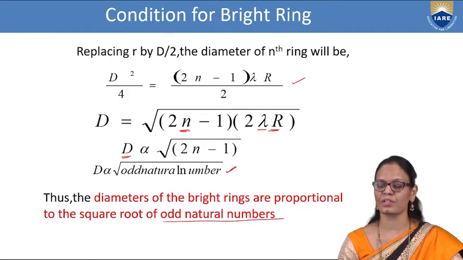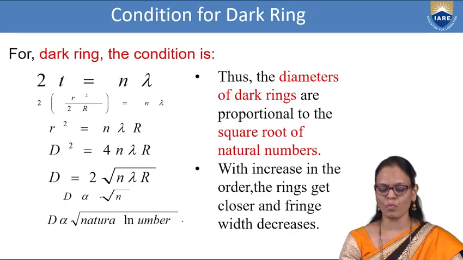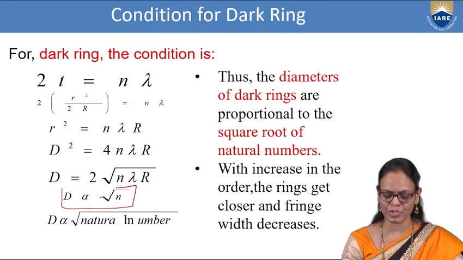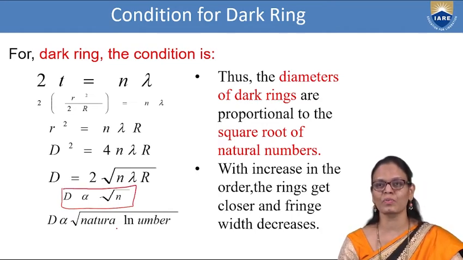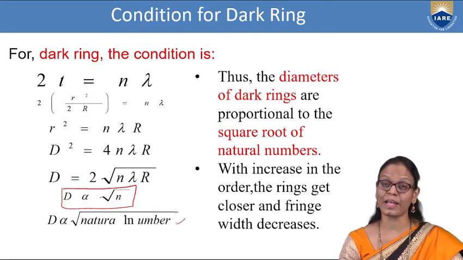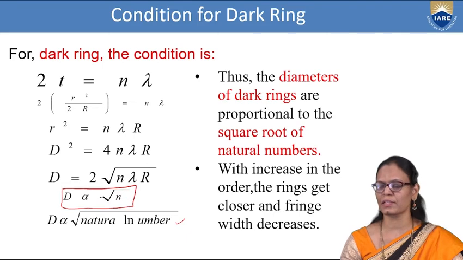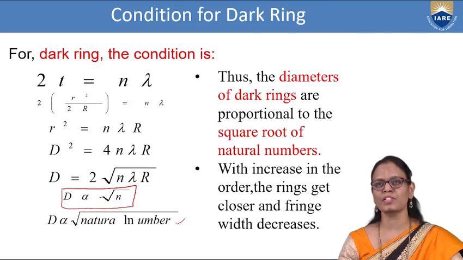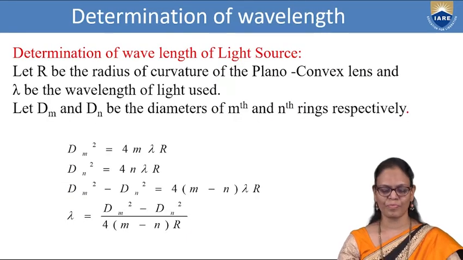Now what is the condition for the dark ring? For the dark ring, d is directly proportional to root n, so it is directly proportional to the square root of the natural number. For bright rings it is odd natural numbers and here it is natural numbers. So these are the conditions for bright fringe and dark fringe.